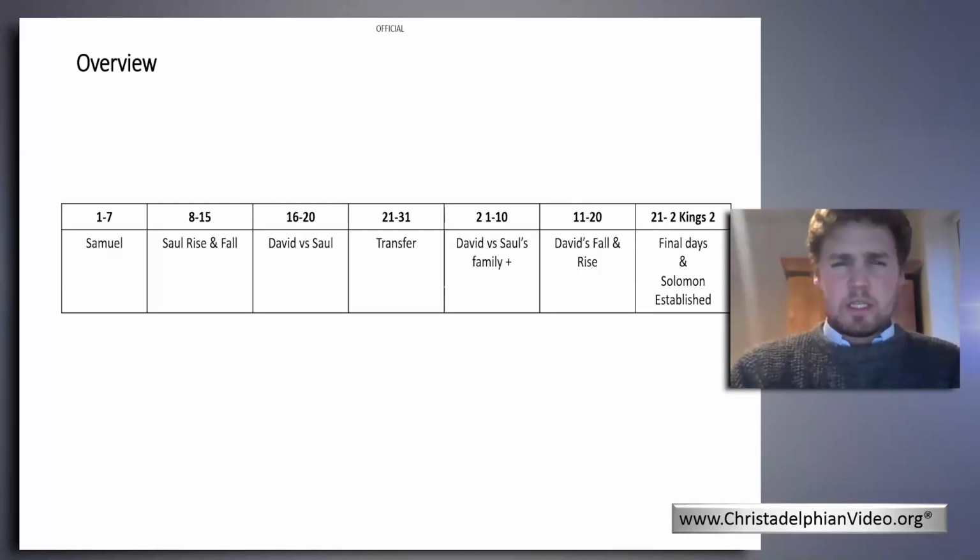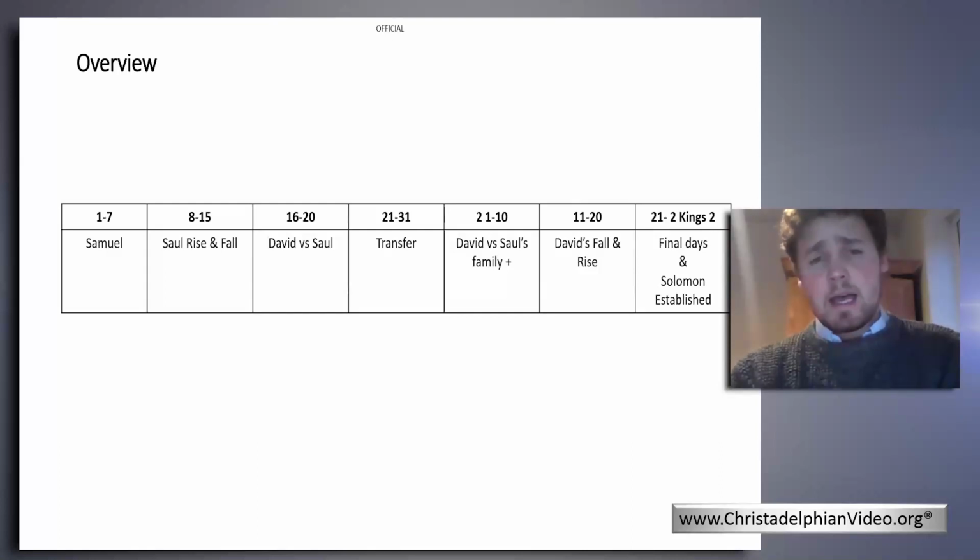And then we have three central sections which deal first with David being introduced, because Saul in the second section, chapters 8 to 15, has been cut off. David is introduced as the candidate, as it were, to replace Saul, and we have David's initial rise in Saul's eyes in those early chapters through his slaying of Goliath.